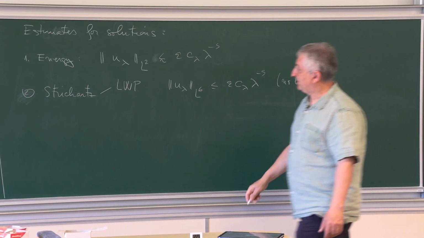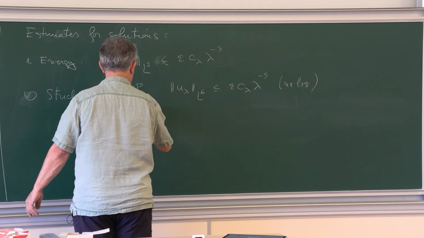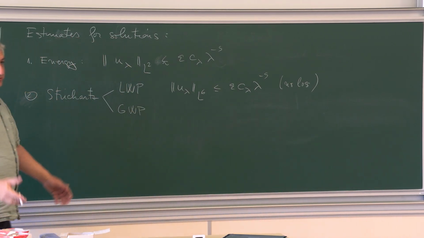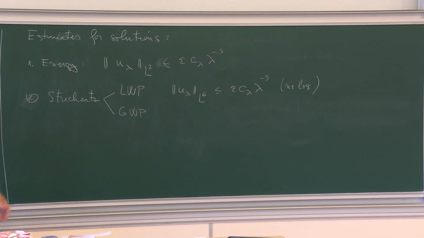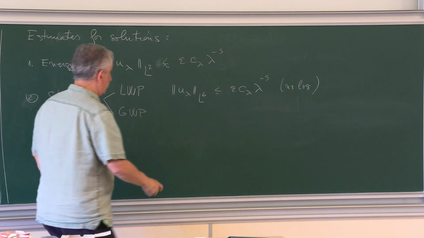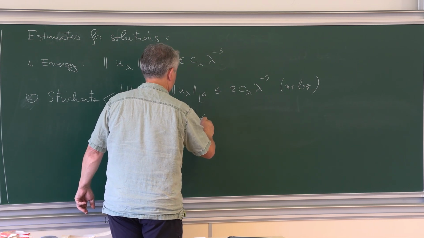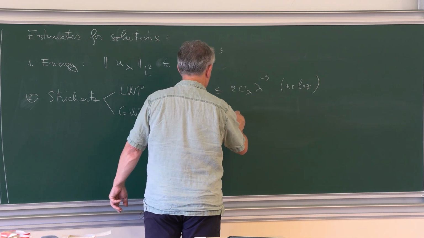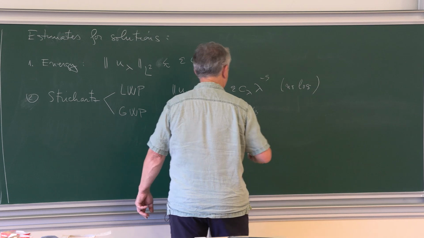Okay, but then for global well-posedness, it's one thing to have an estimate locally in time, it's another thing to have an estimate globally in time. And for global well-posedness, we can only prove an estimate which has a loss in it, smaller than epsilon c lambda to the 2/3.